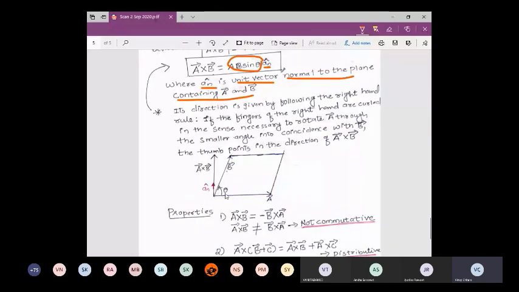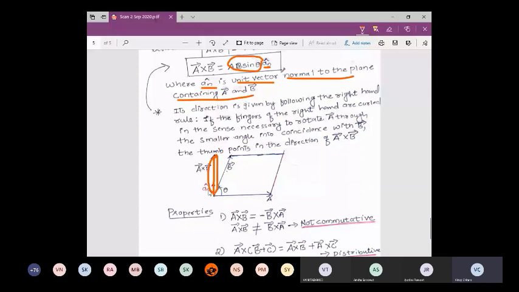So that is what is being shown here. If you have vectors A and B which are in one plane, the vertical line which I'm trying to show represents A cross B. The magnitude of this vector is given by AB sine theta, and the direction is given by A n hat.